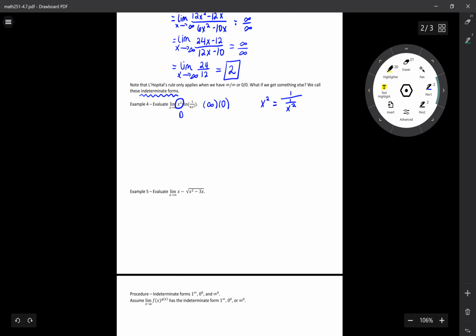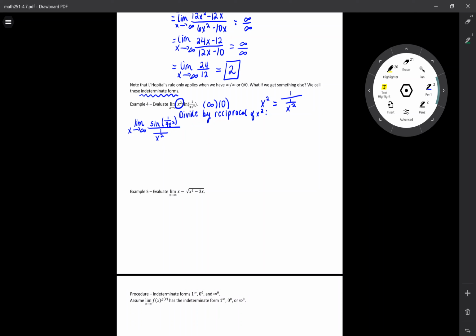So we will divide by the reciprocal of x squared. So I will get the limit as x approaches infinity of sine of 1 divided by 4x squared divided by 1 over x squared.